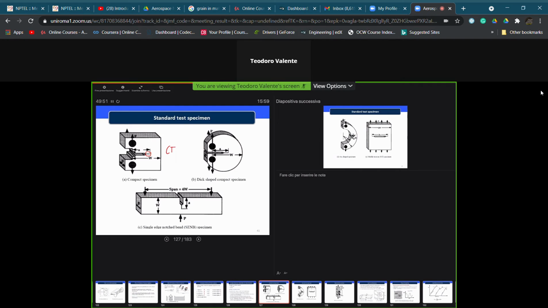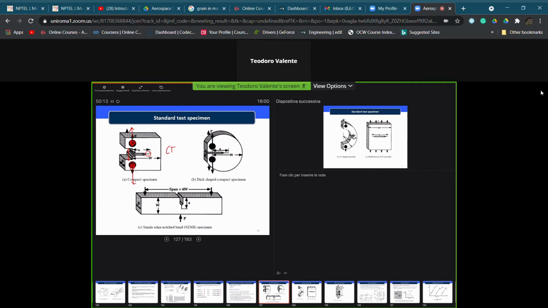Then we have two holes here in which we put two cylinders on the upper side and on the bottom side. We apply a tensile force here and a tensile force here, and we are going to monitor the opening here, which is also called crack opening displacement.